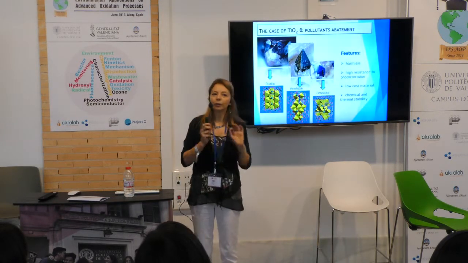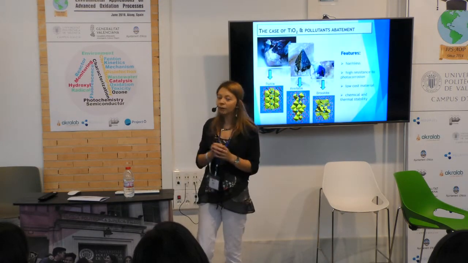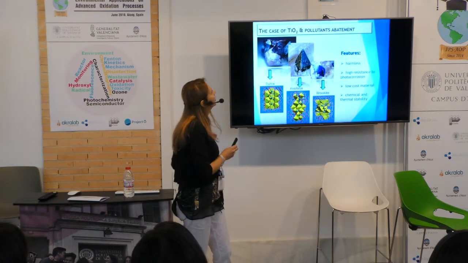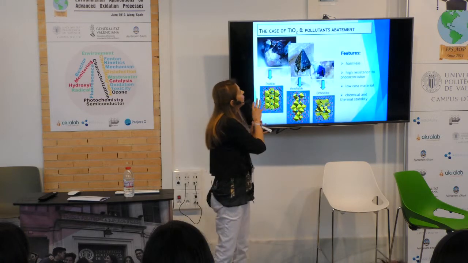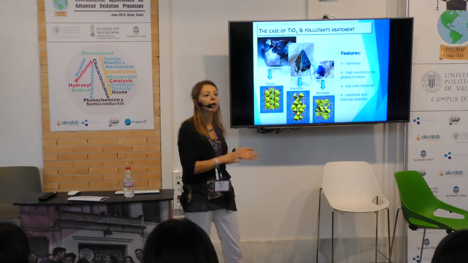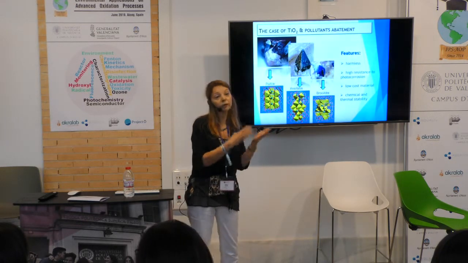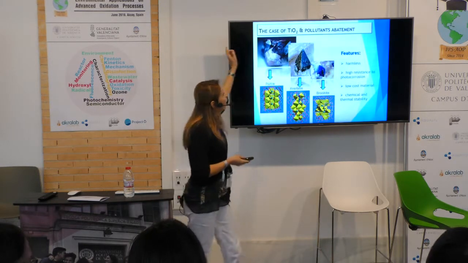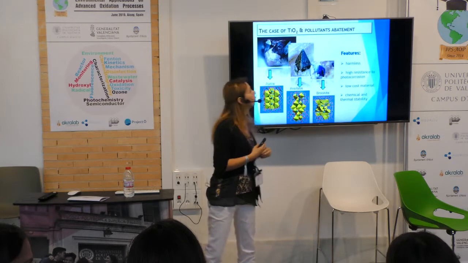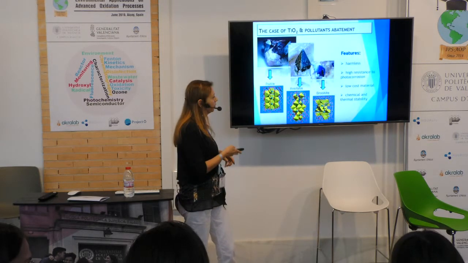So I will conclude this talk with a brief focus on the case in which we consider a specific semiconductor, titanium dioxide, that is the most frequently used semiconductor, and its exploitation for pollutant abatement.